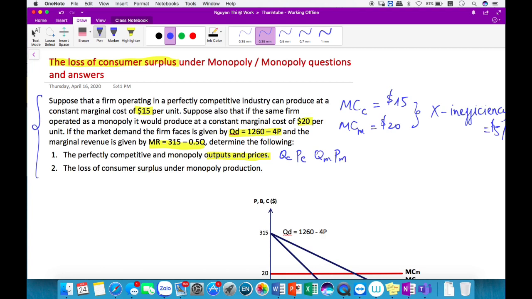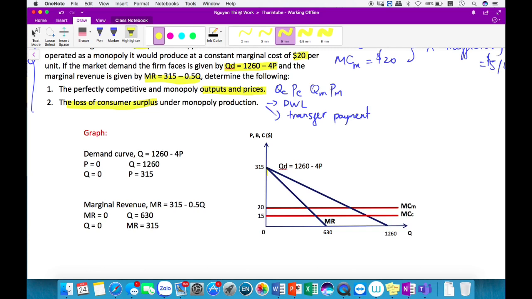So we need to determine those values, right? Next, we need to determine the loss of consumer surplus under monopoly production. And actually, this will include the deadweight loss and the transfer payment. Okay? So let's get started by graphing the given information.